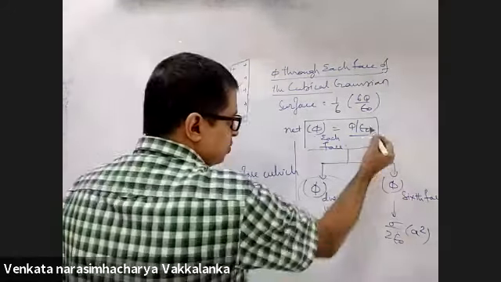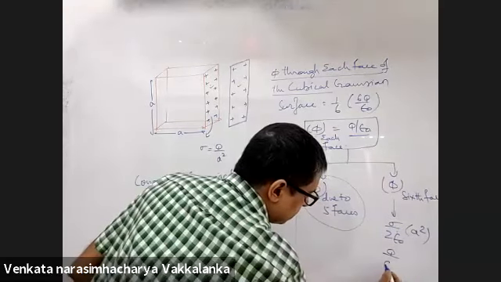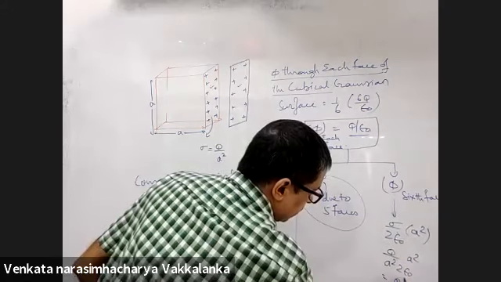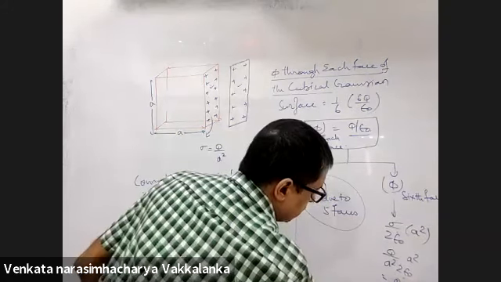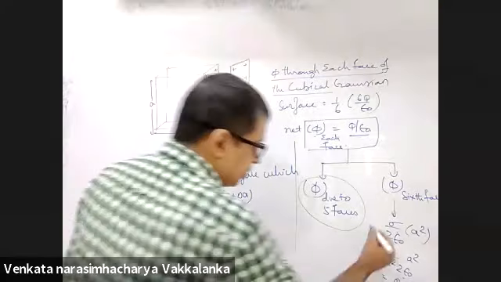So this plus this should be equal to this. What is sigma equal to? Q by A square. So 2 epsilon naught into A square gives Q by 2 epsilon naught. Sigma is Q by A square, so this flux is Q by 2 epsilon naught.